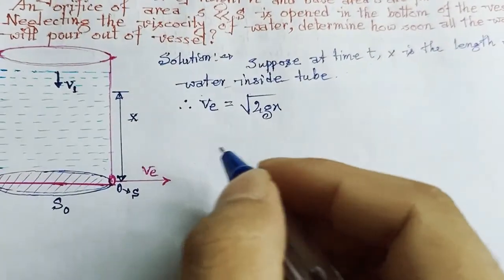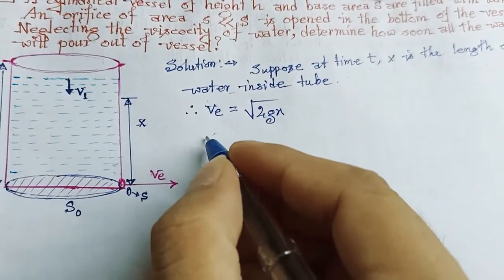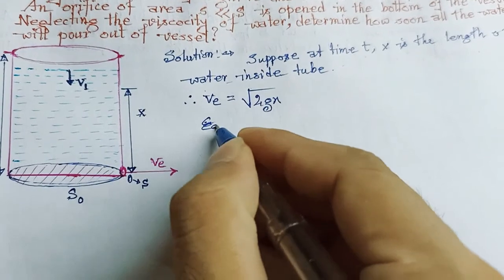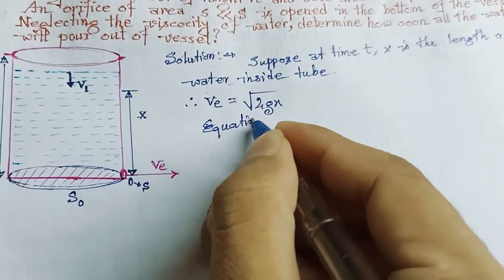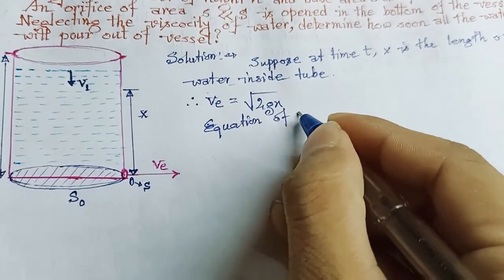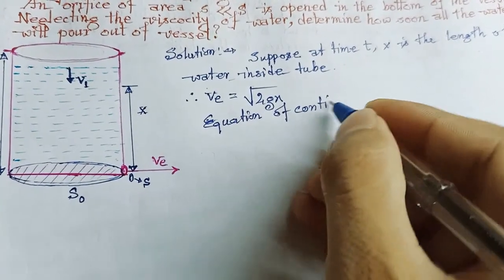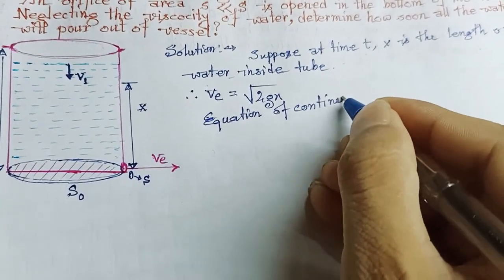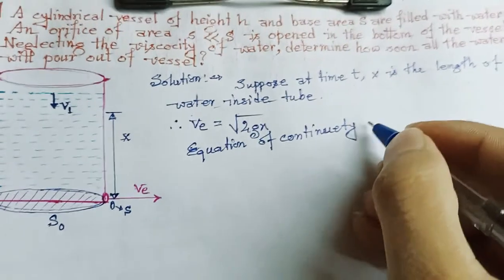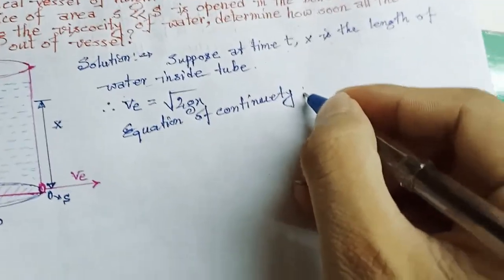Now we will apply the equation of continuity. So the equation of continuity implies that the area of cross section into velocity is constant.